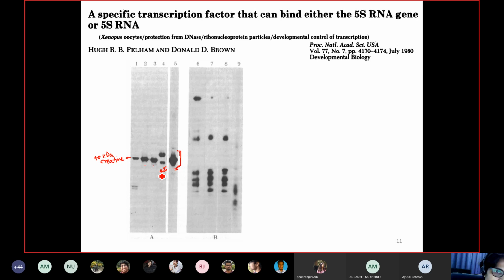After seeing this, they digested it with a different kind of enzyme. Here they digested it with chymotrypsin. What you see in lane 6 is the purified protein they got from David Engelke. For example, this is the transcription factor 3A that they had already seen from the David Engelke paper.